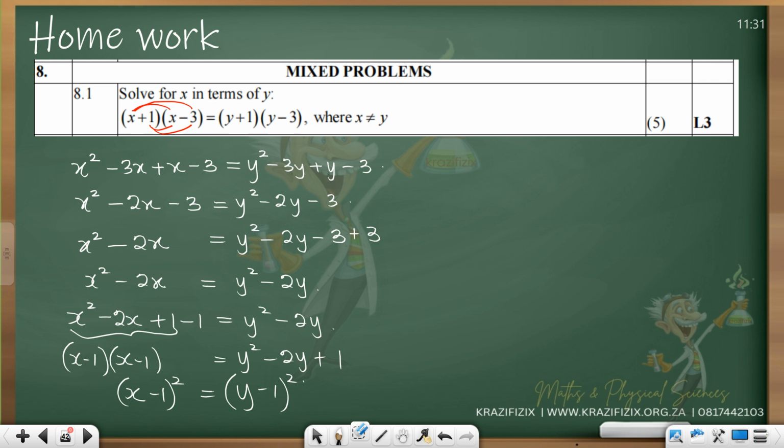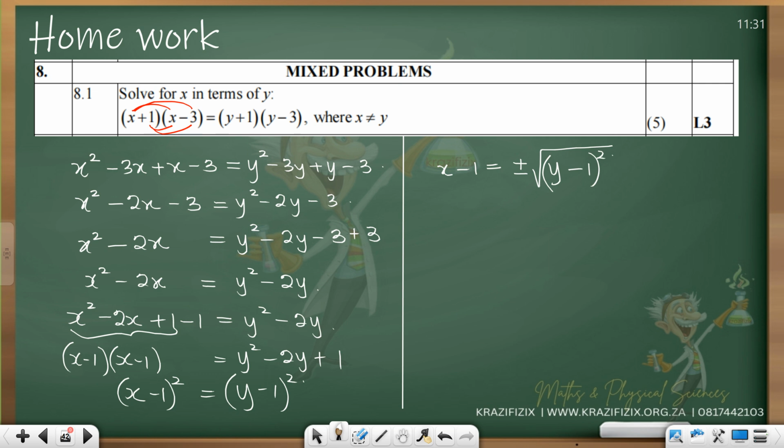Maths can be brutal, guys. Minus 1 minus 1. Yes. So what is x? Sorry. x minus 1. If I look for the square root, so I'm looking for the square root of both sides.